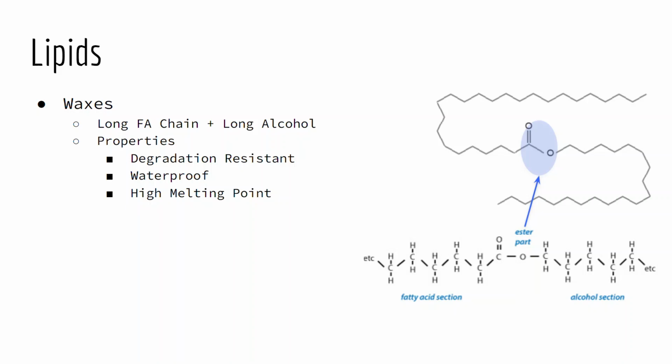The long alcohol chain is just huge groups of carbons bonded to two hydrogens. There's really no need to go that far into the exact chemistry of an alcohol right now. But waxes altogether are degradation resistant and waterproof, and they have a high melting point, which makes them really good protective layers, essentially.